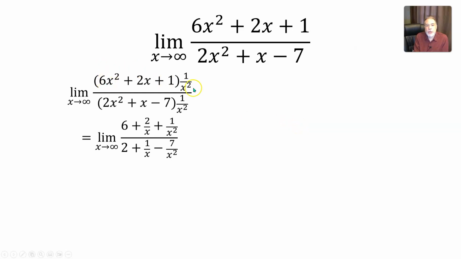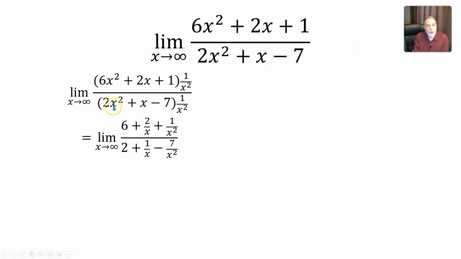So 6x squared divided by x squared would just be 6. 2x divided by x squared would reduce to 2 divided by x. Cancel out the x on top with one of the two x's on the bottom. And then 1 divided by x squared would just be 1 over x squared.